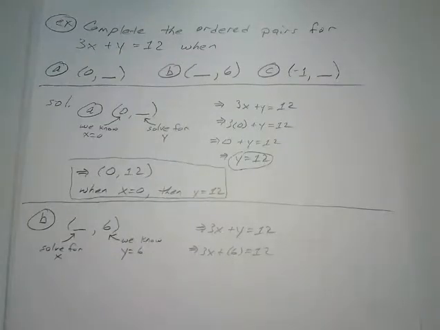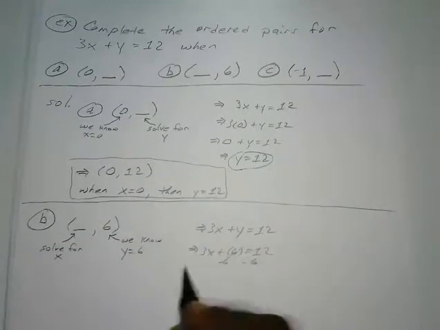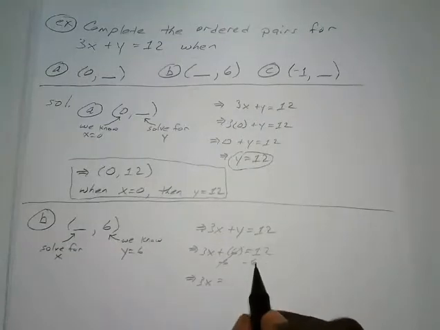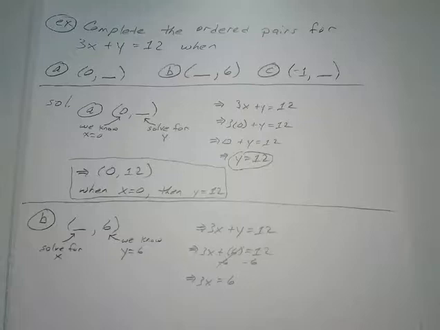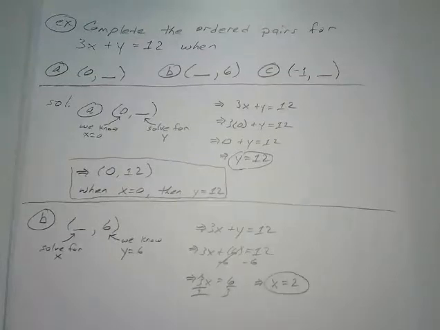You don't have to do the parentheses if you don't want to. So if we subtract 6 from both sides, we have 3x equals 12 minus 6, which is 6. So if we divide both sides by 3, anything divided by itself is just 1. That leaves us with x equals 2.